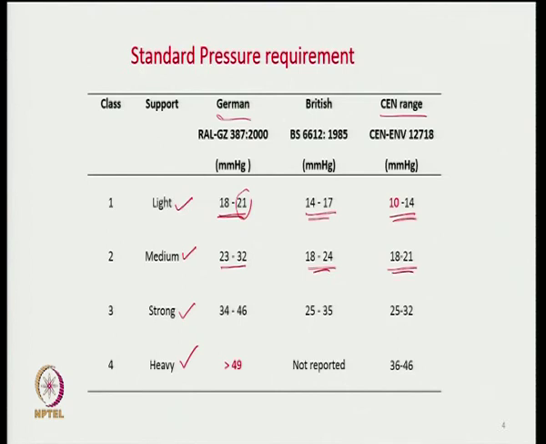Strong is 34 to 46, 25 to 35 and 25 to 32, and very heavy pressure garments can generate pressure of more than 49 millimeter Hg. According to CEN, it is between 36 to 46 millimeter Hg. So, this gives us an idea of what levels of pressure are expected and how the garments are classified according to the level of pressure that the garment can generate.